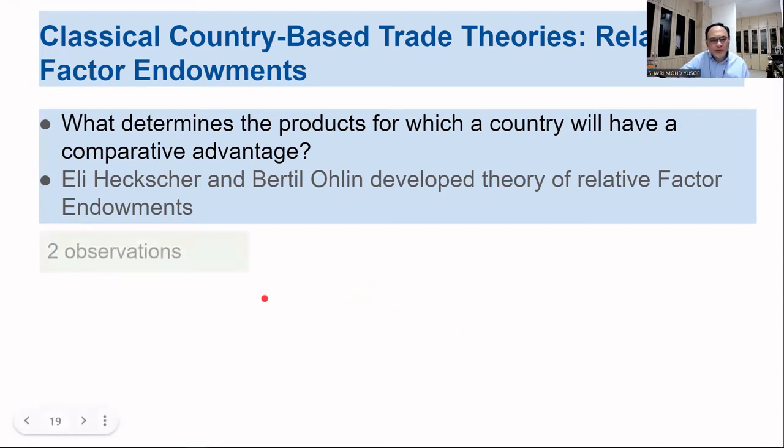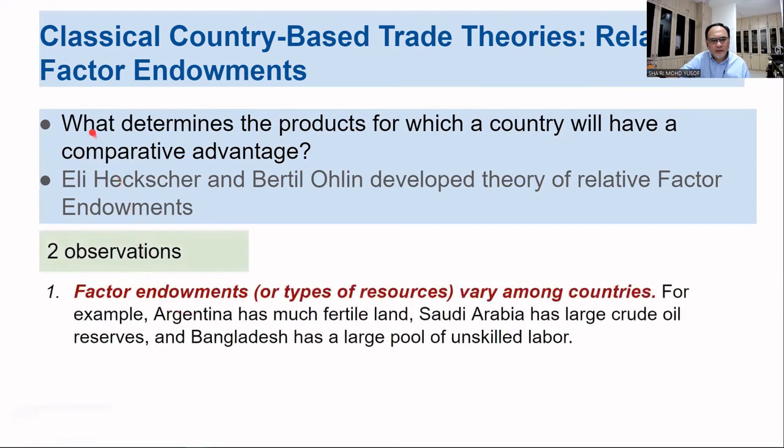These two economists observed that factor endowments, or types of resources, vary among countries. For example, Argentina has much fertile land, Saudi Arabia has a huge crude oil reserve, and Bangladesh has a large pool of unskilled labor.